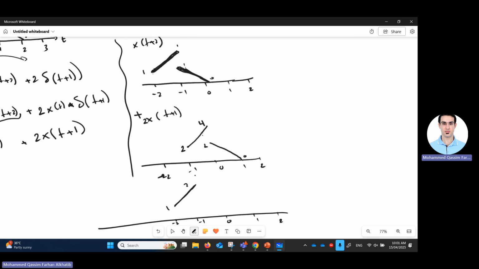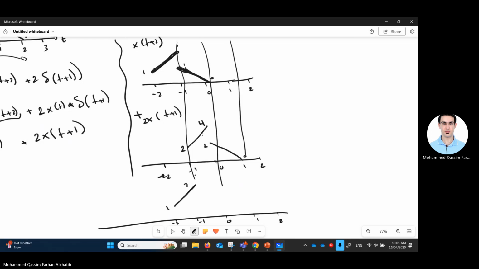So that's the 3 here. 4 plus 0. Okay, do it this way, it will make it easier. 2 plus 1, that's 3. Okay, probably my axis is not proper.